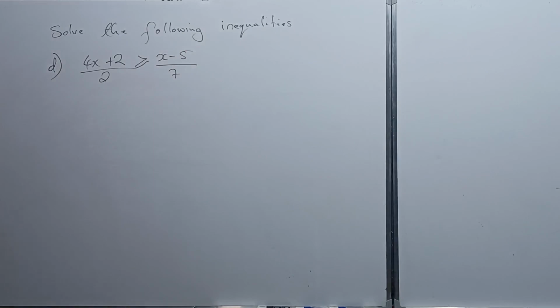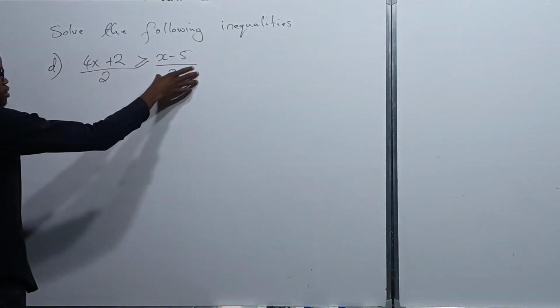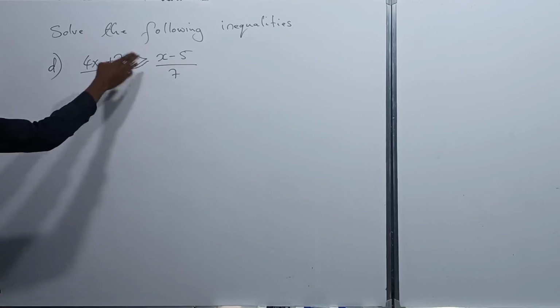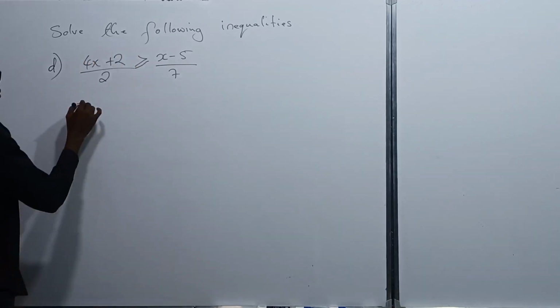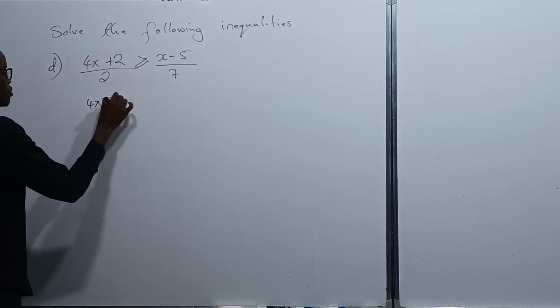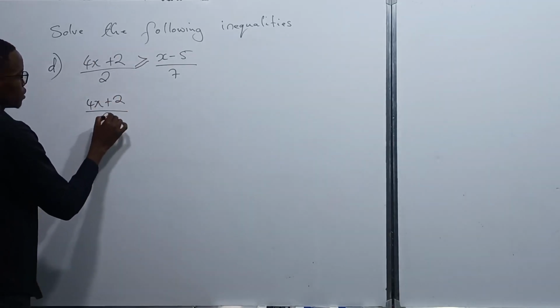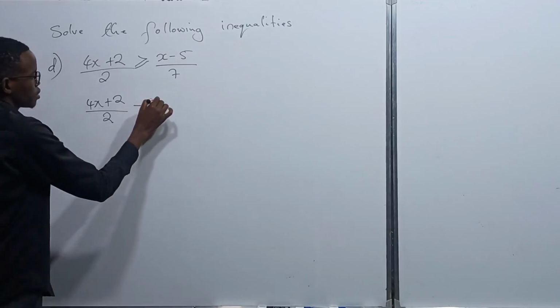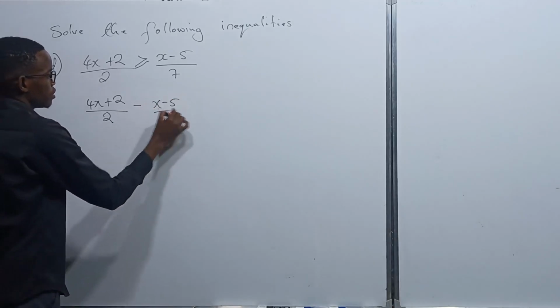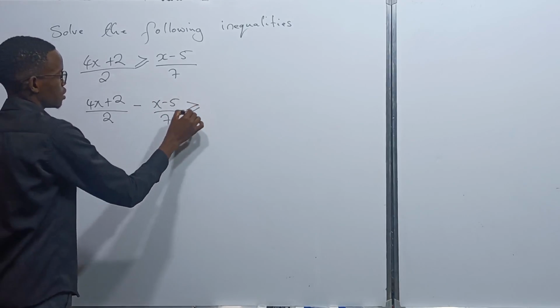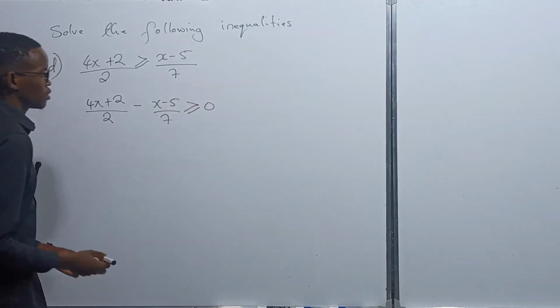The first thing we have to do is shift this so that it crosses the greater than or equal to sign and comes this side. So we're going to have 4x plus 2 over 2 minus x minus 5 over 7 greater than or equal to 0.